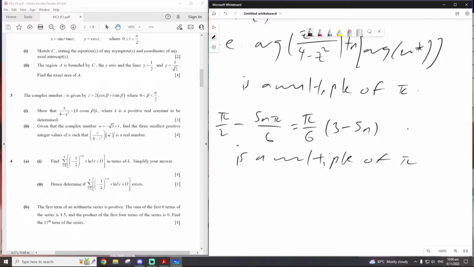So 6 divides 3 minus 5n. So you can start writing down the values of n. You will realize that the smallest value will be 3. And then if you want to get more, because 5 and 6 are co-prime, you need to add 6 every time. So you'll get 3, 9, 15 as the 3 smallest values of the integer, so that you get the real number. Okay.